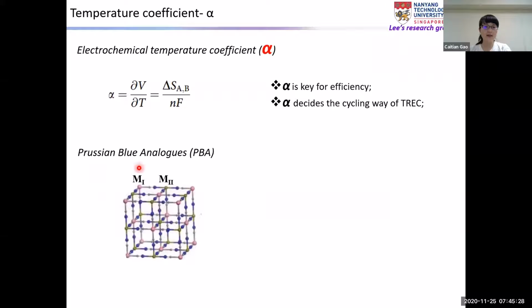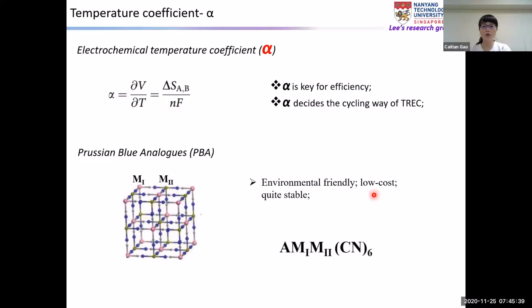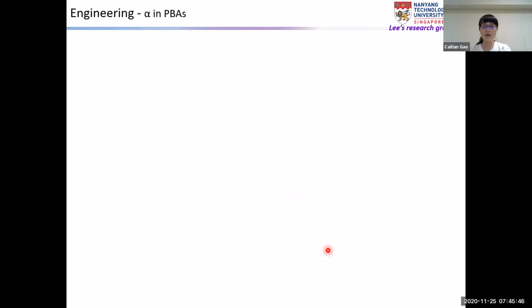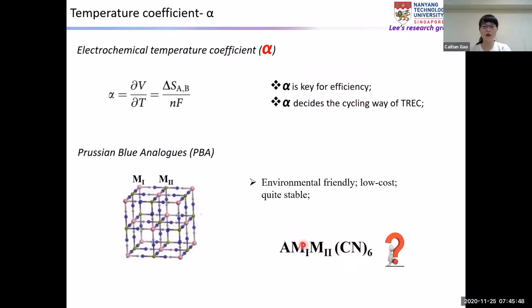One of the materials I studied is Prussian blue analogs. This material is normally a good electrode material for the electrochemical system, and it is very environmentally friendly, very low cost, and quite stable. This material also has quite a large family, depending on different transition metals M1 and M2. So my curiosity is how this elemental change affects the alpha value.